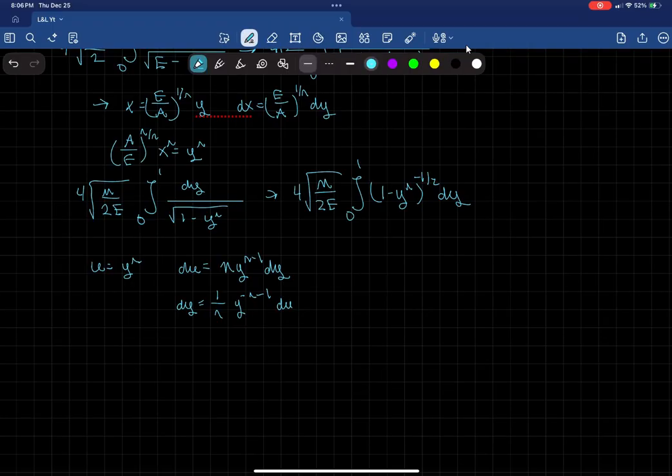And if I solve for y in terms of u, u to the 1 over n is equal to y, I would get that this is equal to 1 over n, u to the 1 over n minus 1, du equals dy.